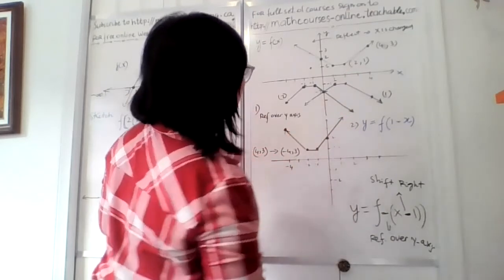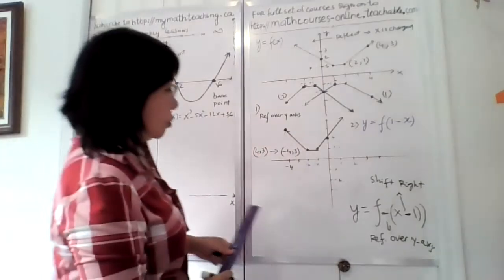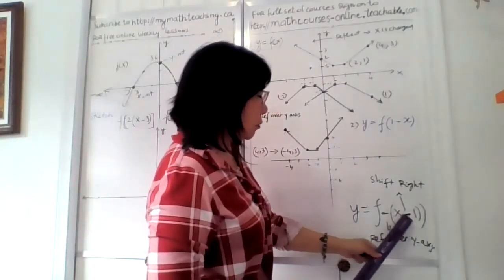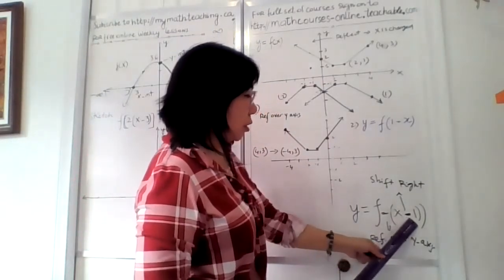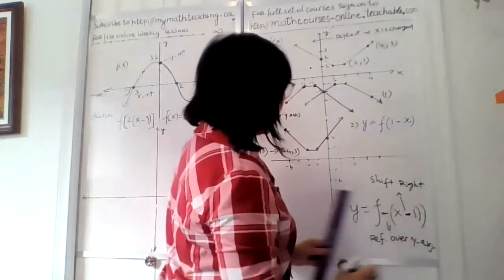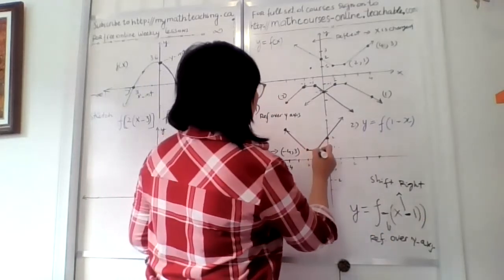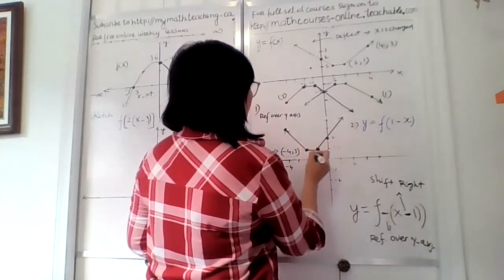That's right. So now what else do we do? After this, we have to shift to the right 1 unit. So shift to the right 1 unit is easy.